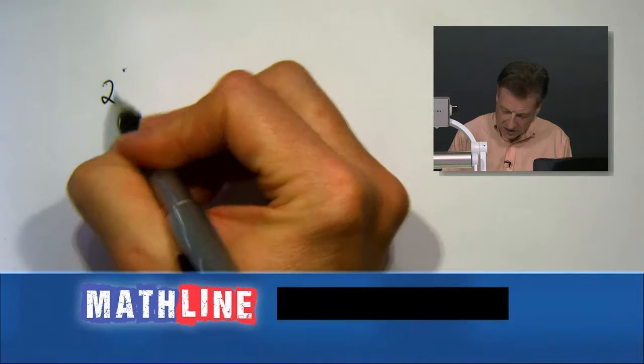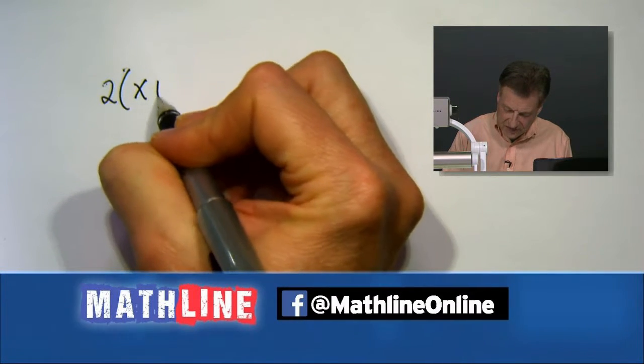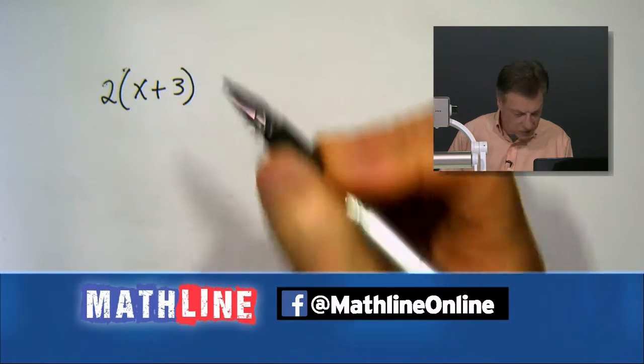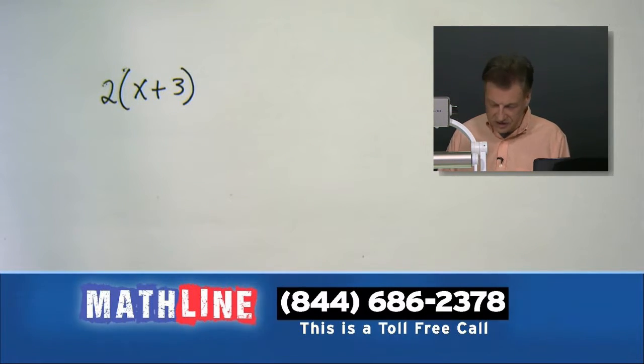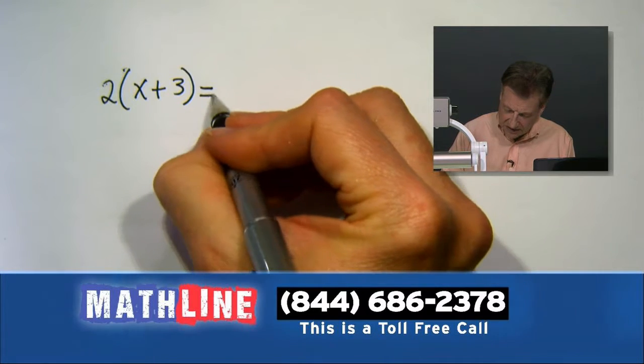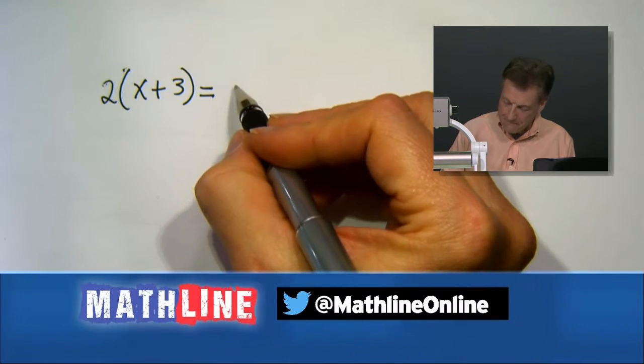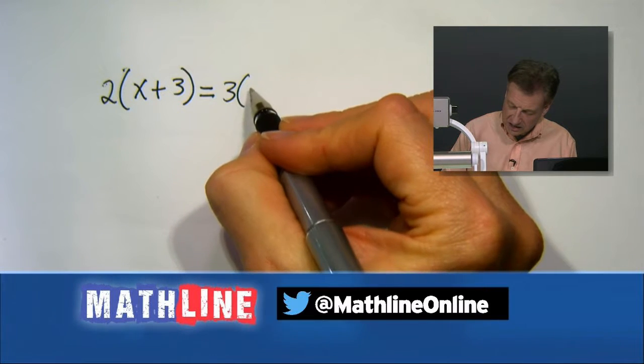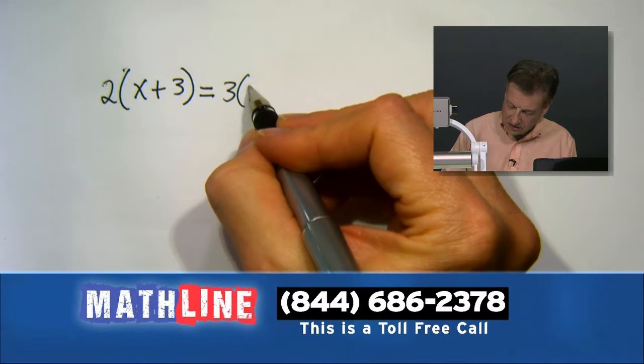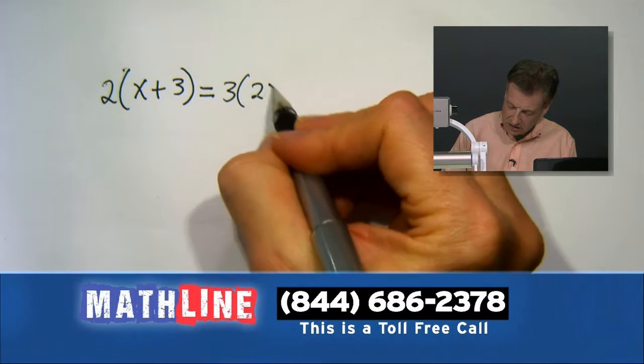All right, so here's what I got. I have 2x plus 3 in brackets. So we got those lovely parentheses. Equals 3, and then 2x minus 9 in brackets.